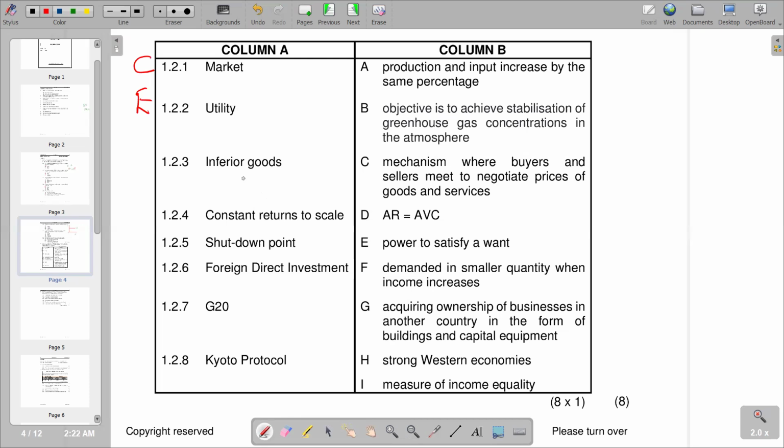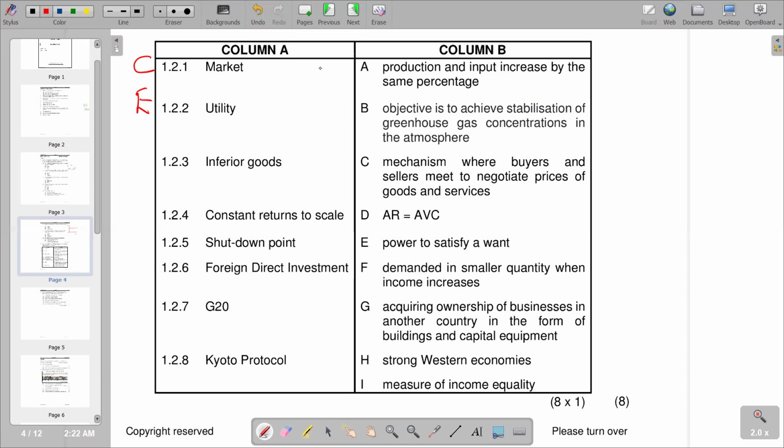inferior goods. So inferior goods are goods that become less attractive to consumers as their income increases. So as income of consumers increases, they don't buy those. The demand of those products will go down. So this is what we have in terms of inferior goods. So basically, we are having two variables: the income of consumers and the demand of those products.